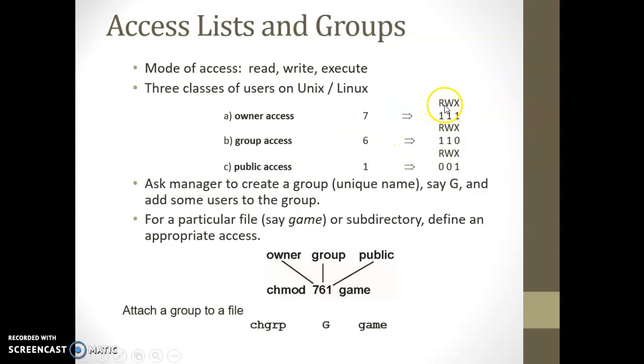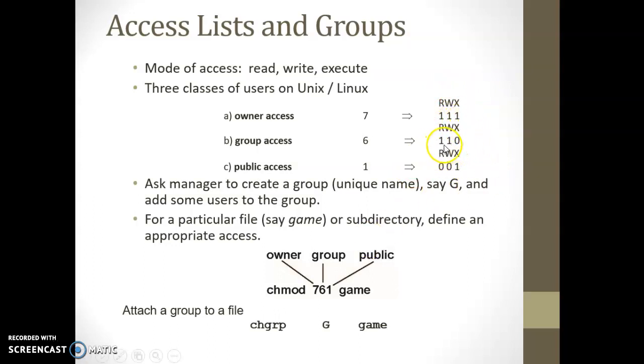Now, RWX refers to read, write, and execute. Each of these accesses can be defined by 1 or 0. 1 refers to access and 0 refers to no access. So if we define 111, it means the user can read, write, and execute.